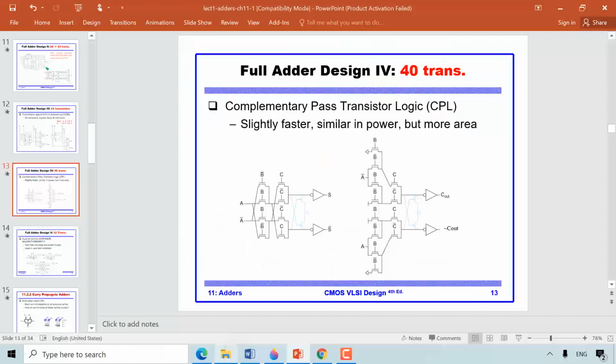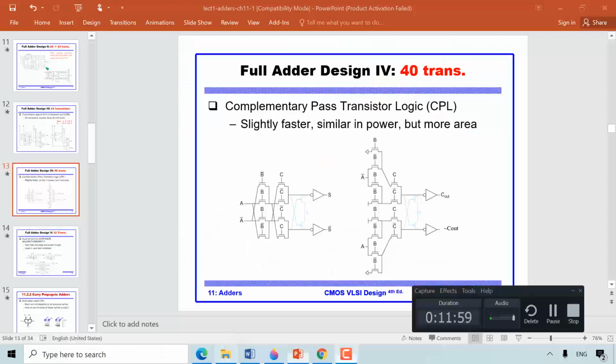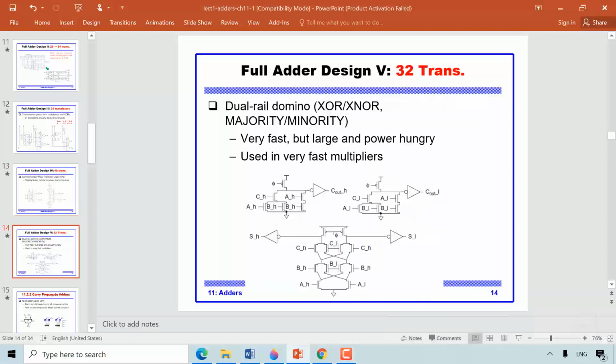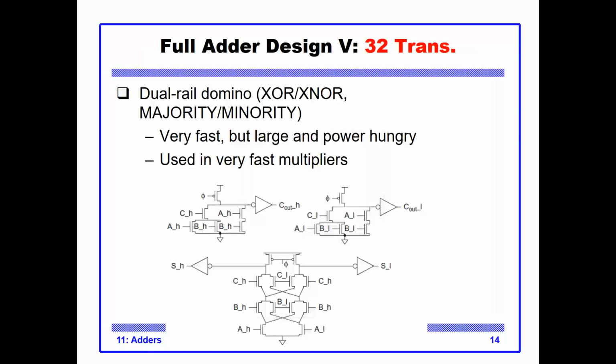Okay, so now we go to the next circuit. Okay, the next circuit here, these are dynamic circuits, and as we have learned from DIC class, dynamic circuits have a clock here connected to a PMOS, and then you have this type of logic.